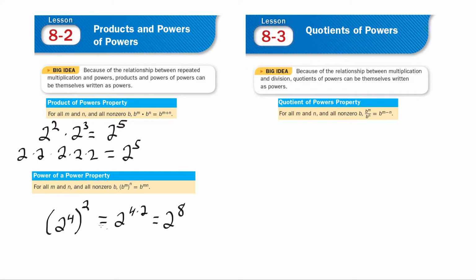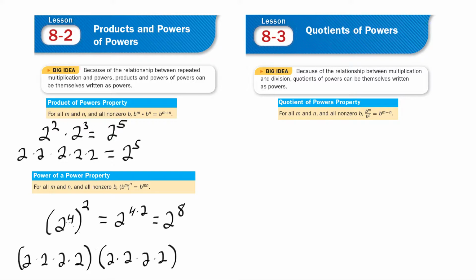Well, what does this mean to us? Remember, we do what's in parentheses first. So first we would take this 2 to the 4th, and 2 to the 4th is 2 times 2 times 2 times 2. And that whole thing squared means it's times itself: 2 times 2 times 2 times 2.